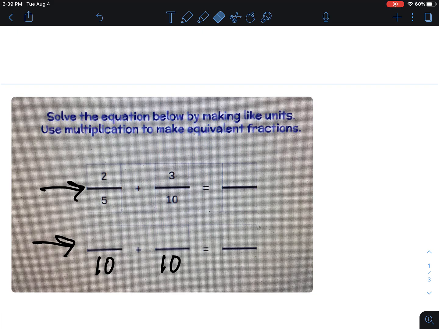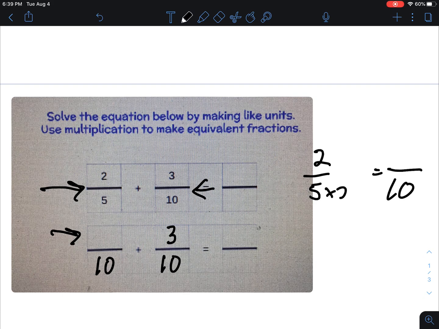So notice in my original fraction 3/10, my 10 didn't change. So if nothing changed there, that means my 3 isn't going to change either. So you can just bring that whole fraction down. Now to find the numerator that goes here, it's the same steps. 2/5 is equal to something over 10.